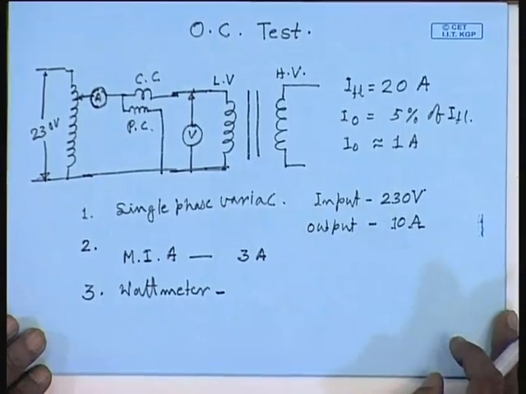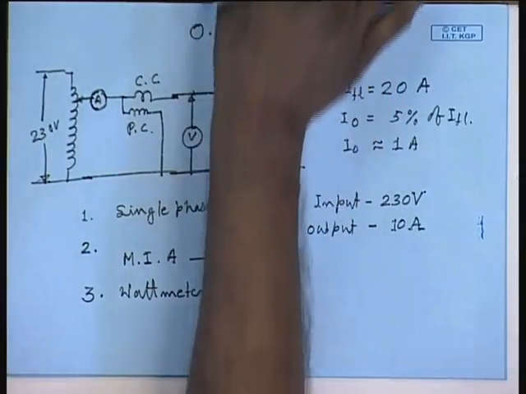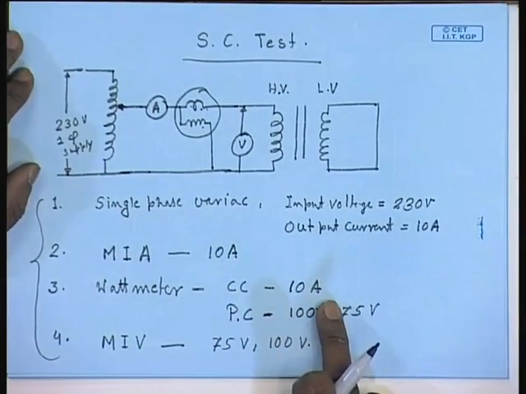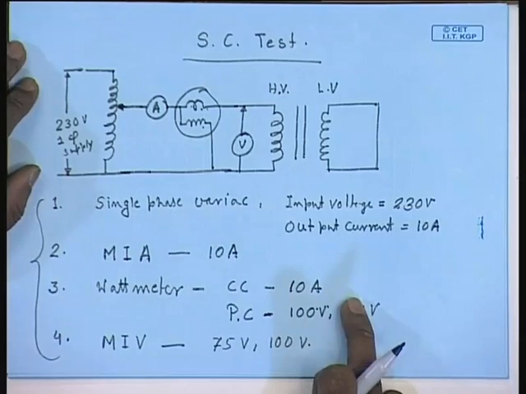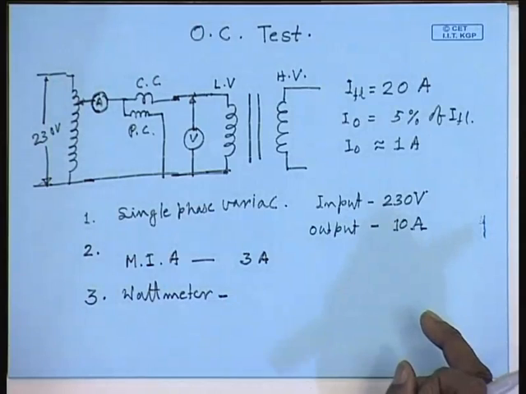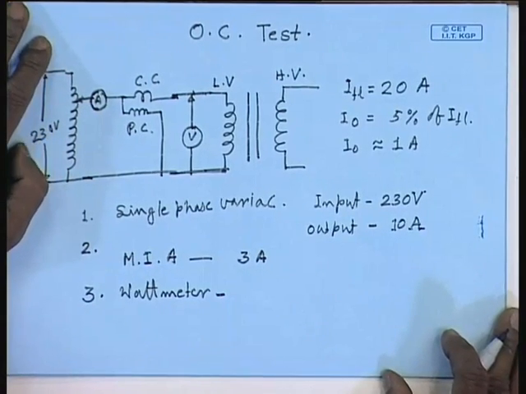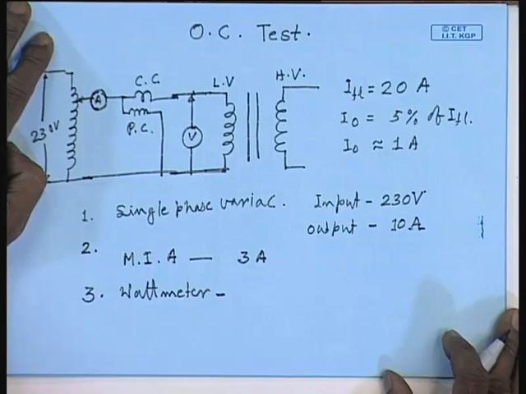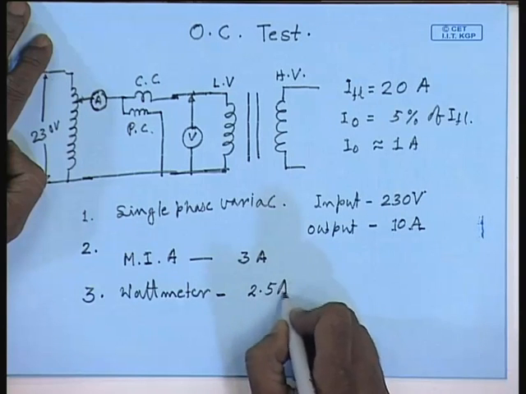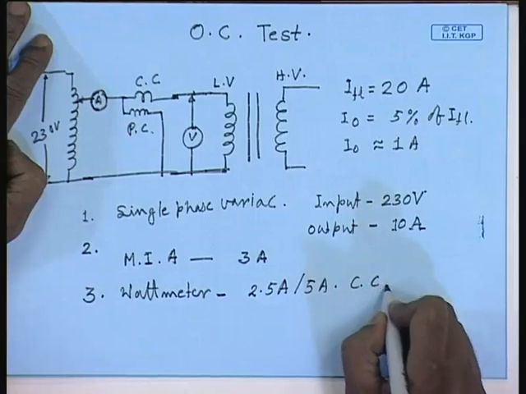So, preferably a 2.5 ampere or 3 ampere current coil rating would be good. Obviously, the same wattmeter current coil will not be useful here, because again we will have the same problem of accuracy. So, we cannot use a wattmeter with 10 ampere rated current, we will have to use a much lower one. 2.5 ampere would be ideal. However, it is difficult to get such a wattmeter. So, let us choose either a 2.5 ampere if available, or a 5 ampere rating for the current coil.